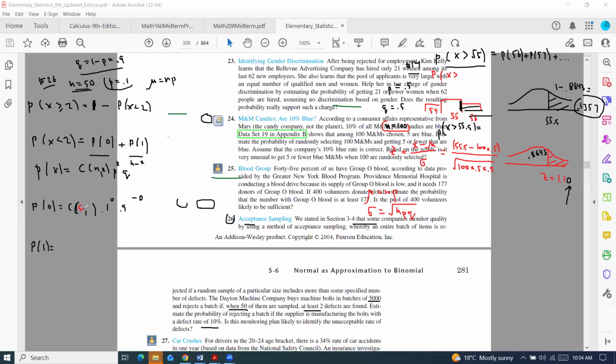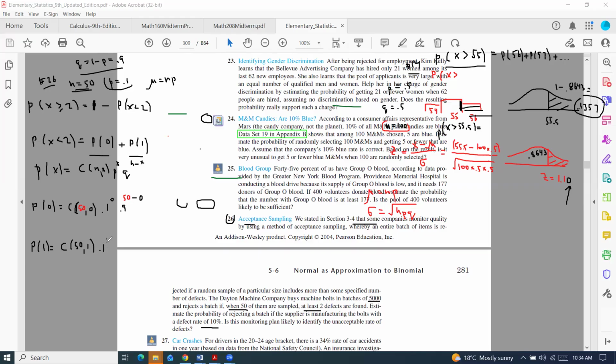Where I saw the 6? It has to be 50. Sample size 50. So that's one with 0. And the second was the chance that out of my 50 bolts, 1 is going to be bad.